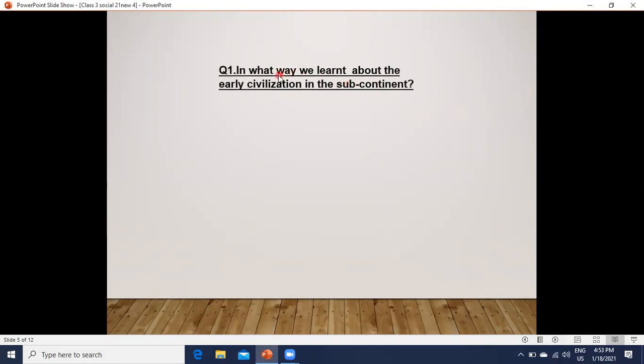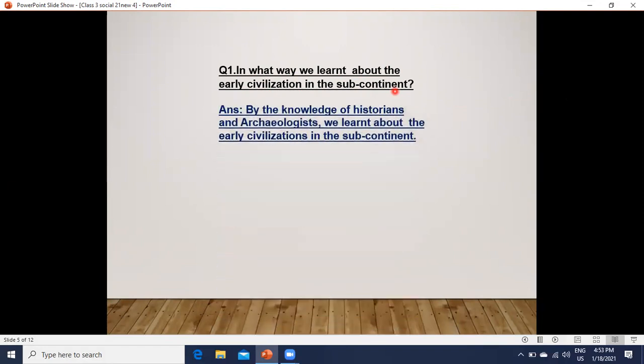This is question number 1. You have to write this question. In what way we learned about the early civilization in the subcontinent? First of all, you write, and then this is the answer.